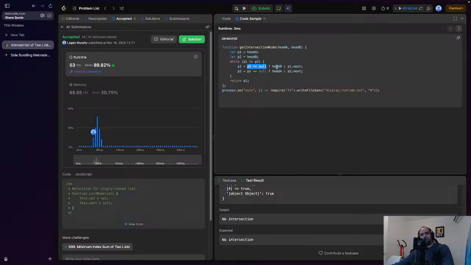But I feel like there's no... what's the point of this? Why would you go to head B? You'll never catch up. Why not just opt out early, like if either of them end up being null?